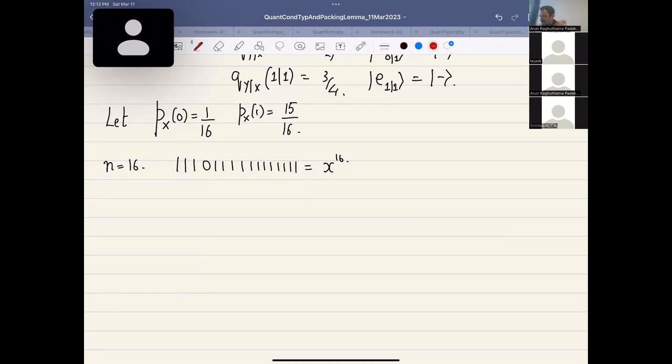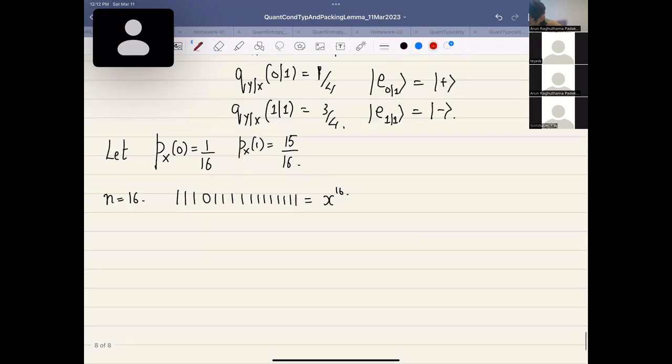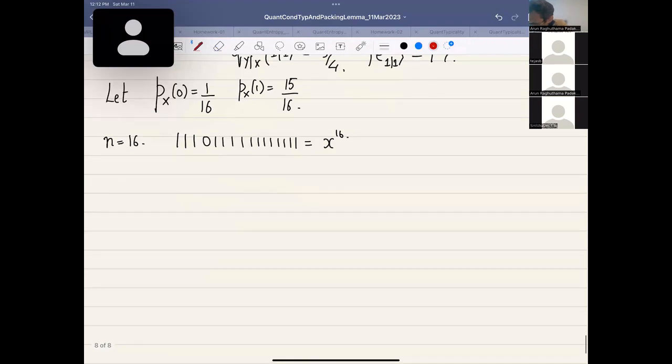So now what do I do? It's very simple, right? Let's say delta is say 1 by 10 or something. You look at this distribution p x times q y given x, right? So the joint distribution would be, let's say x is here and y is here. So you have 0, 1, 0, 1.